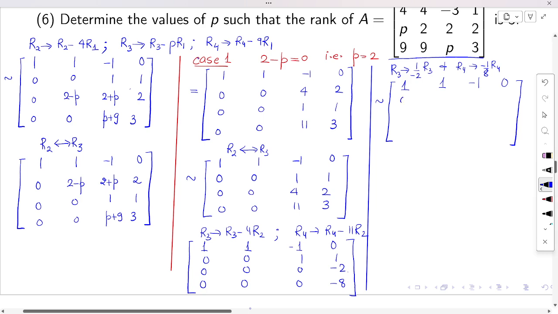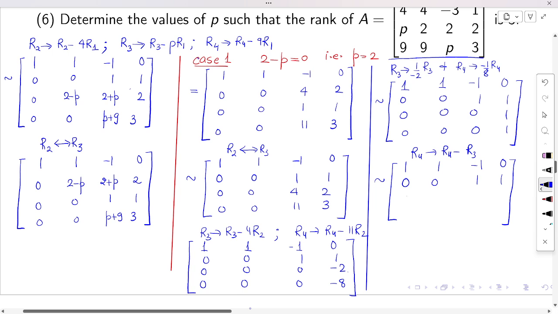This becomes 0 0 1 1, 0 0 0 1. Now apply row 4 minus row 3. 1 1 minus 1 0, 0 0 1 1, 0 0 0 1, 0 0 0 0. It has three non-zero rows, so the rank of A is 3. So for p equal to 2, the rank of A is 3.